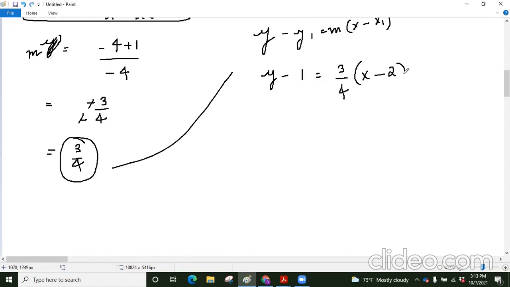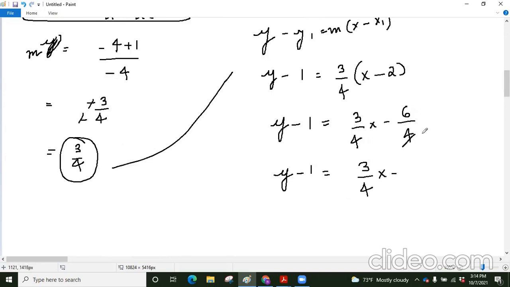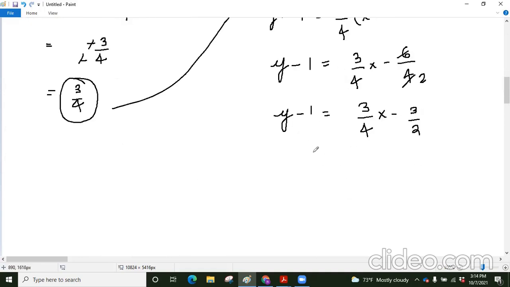So y minus 1 equals, you can say that this is 3 over 4x minus 6 over 4. So you can say that this is y minus 1 equals 3 over 4x minus 3 over 2.